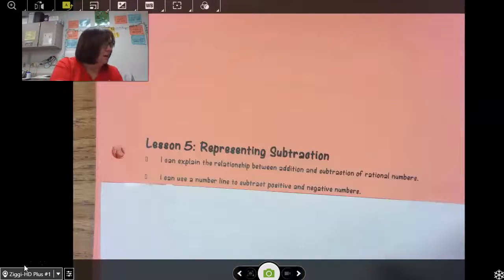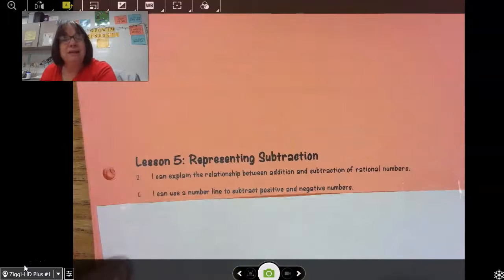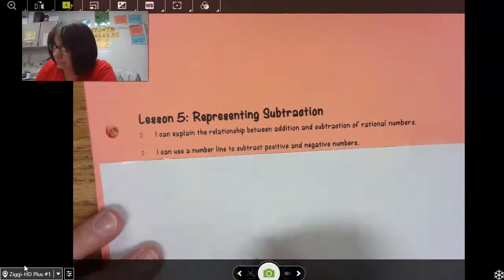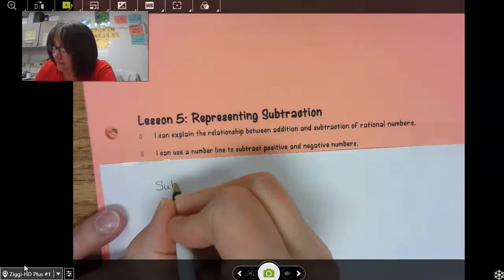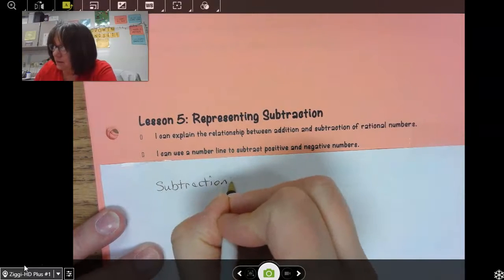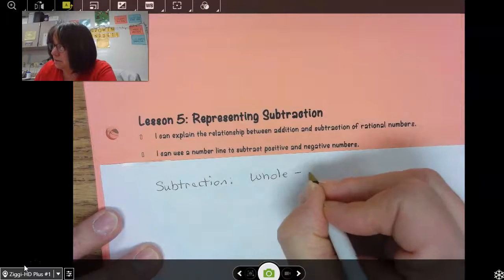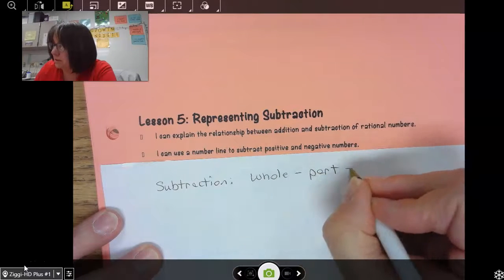Okay, for your notes today, there's 2 things that are important here. Number 1 is that when we subtract with a number bond, what you're doing is you're taking whole minus part equals part.